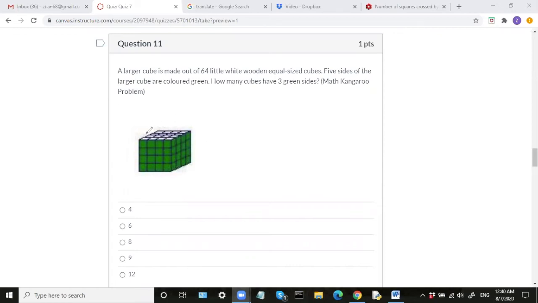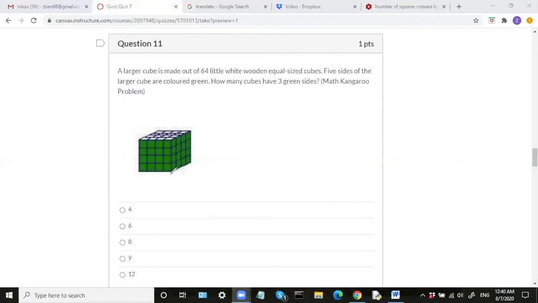Okay, so we have this large cube. 5 sides are colored green, and the top face is not colored green. Let's look at these green small cubes. The corner cube here has 2 sides colored green already, and because the bottom face is also colored green, we have 3 sides colored green.